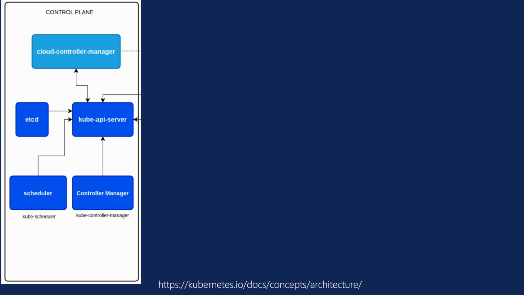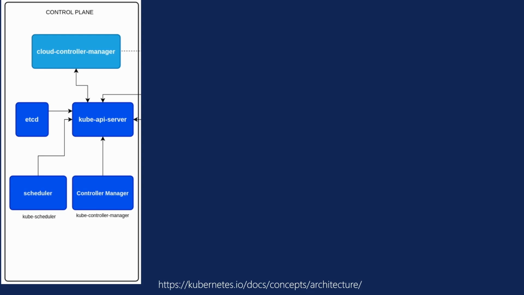So the analogy would be that the control plane is the brains of the Kubernetes cluster. Normally, if you are using a cloud solution, you don't have to explicitly manage the control plane, because that's done for you by the cloud provider.